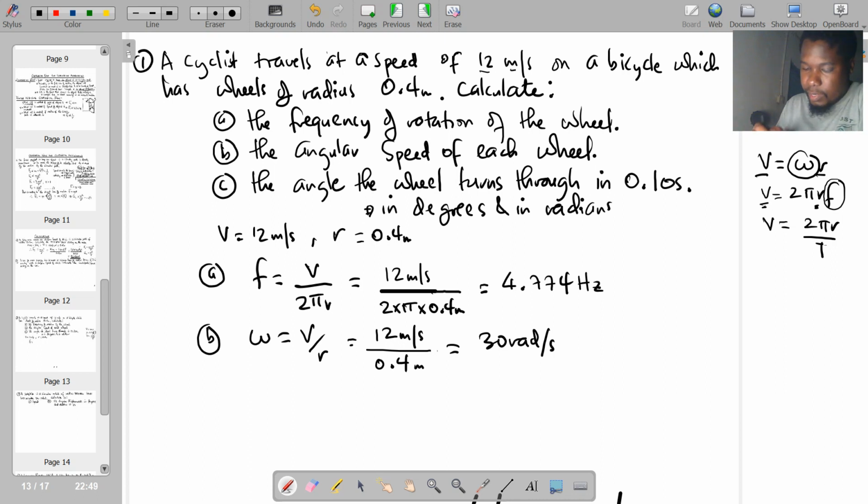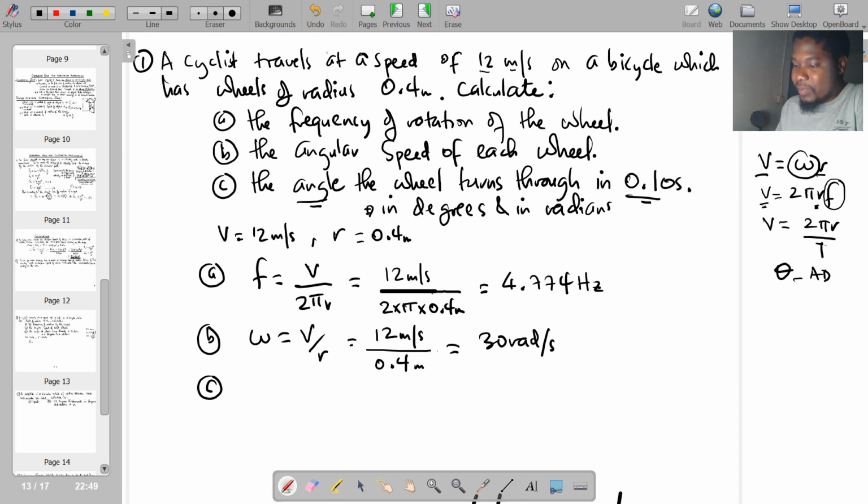Okay, now then let's do part C. Part C is telling us to find the angle the wheel turns through in 0.1 seconds. Okay, the angle. Now when they're saying the angle that the wheel turns through, you automatically know they're talking about theta, which is angular displacement.